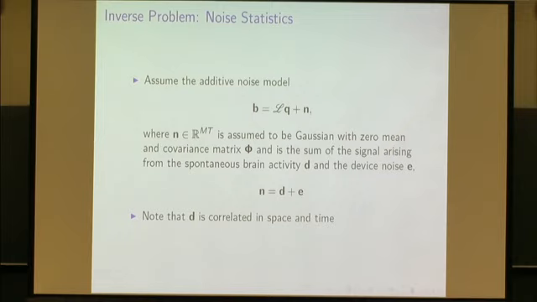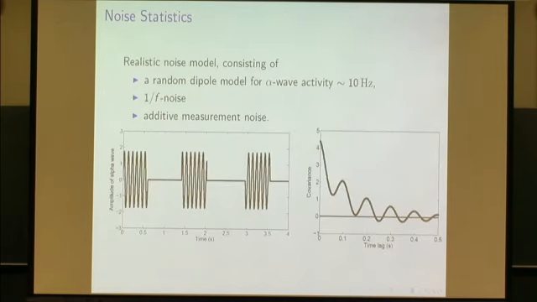So E is the device noise, and D is what the brain is doing all the time. This D actually has an amplitude of the order of magnitude of the activity that we are interested in. So this is not low noise at all. This is in many ways a bad situation.